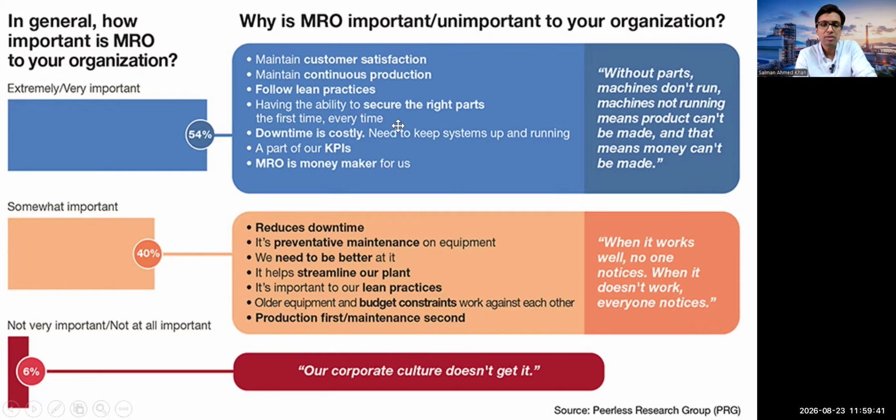6% of the scenario is related to our corporate culture not getting it. It means that in corporate culture, if your production is down due to the stockouts of MRO parts, they don't care whether the part was available or not, or why the production was down. They only care about why the machine actually went down.